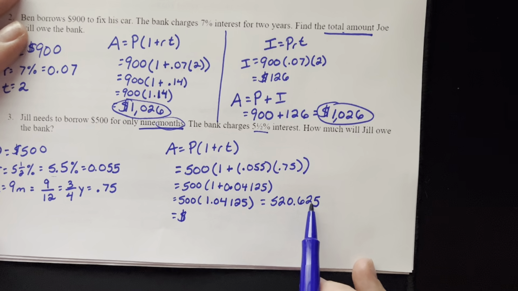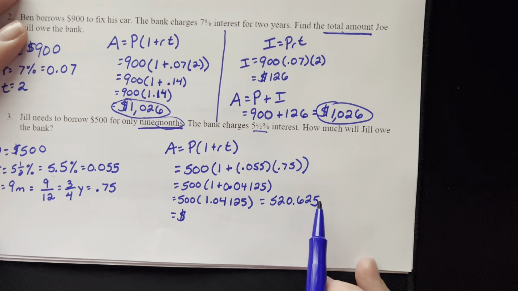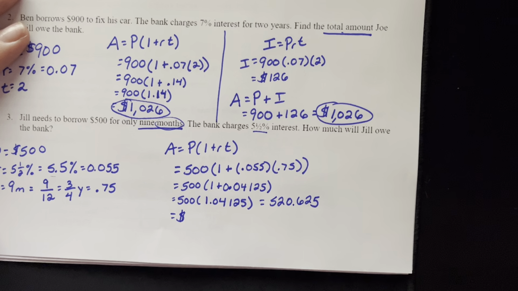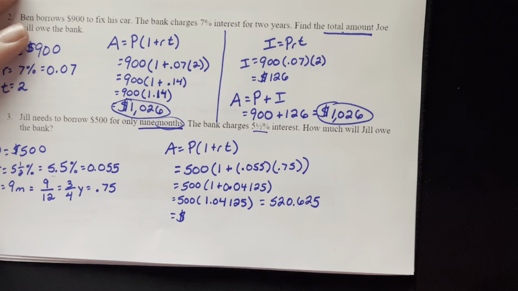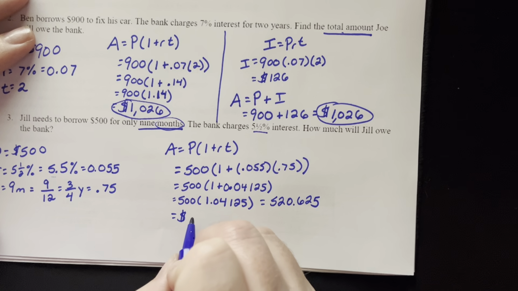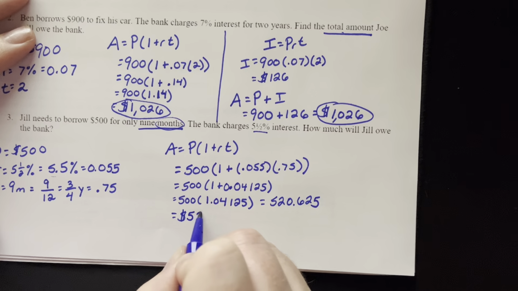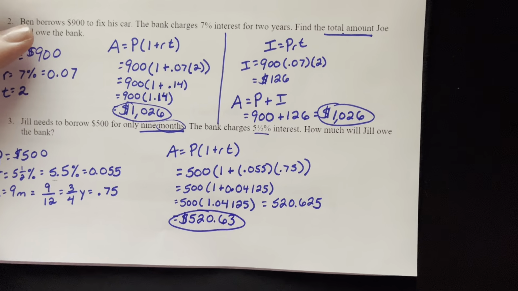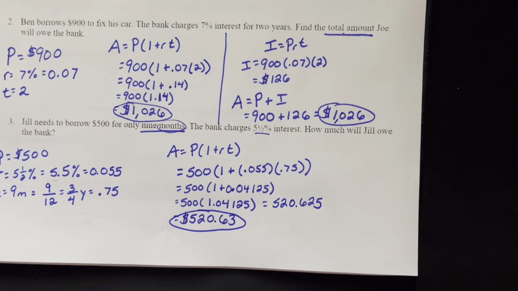So a bank isn't just gonna forgive that half a penny. They're gonna round it up, right? If it was a 4, they might forgive it, but it's a 5, we have to follow the rounding rules. So we need to round up here. So Jill will owe the bank $520.63. So make sure your answer is in the appropriate place values for our monetary system.